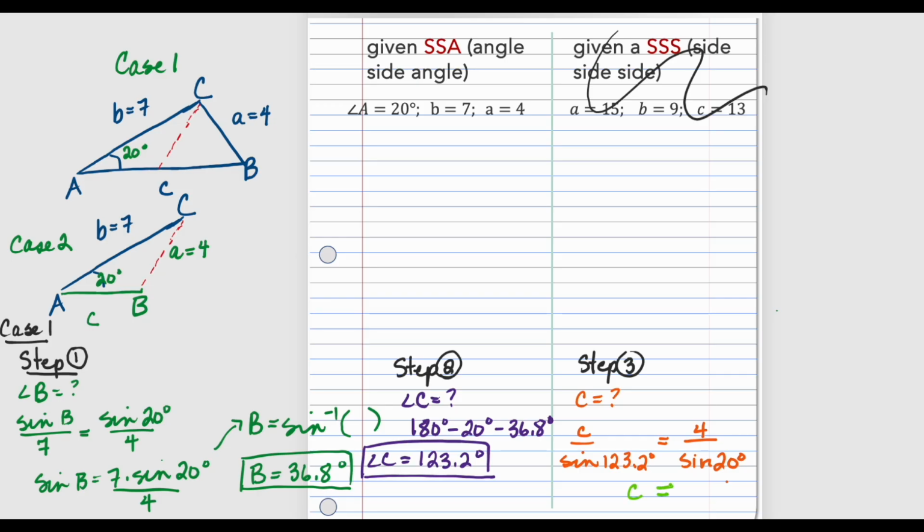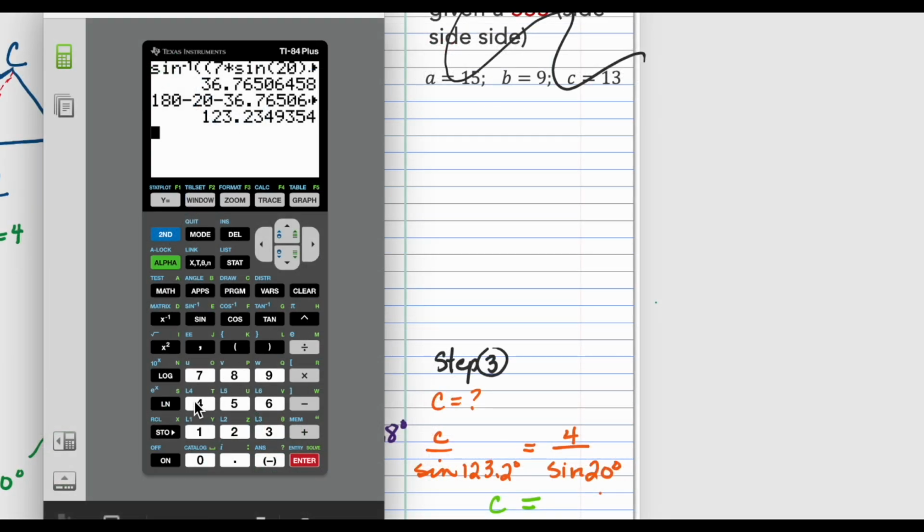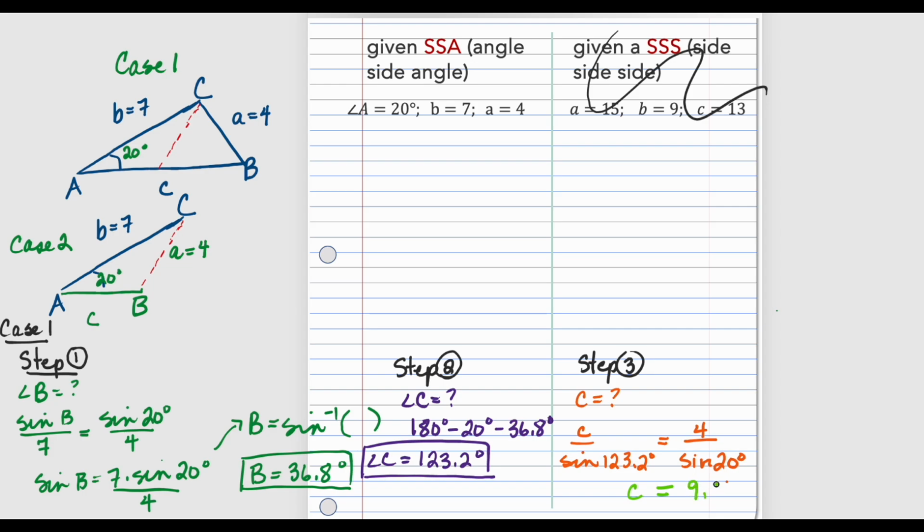C is going to be 4 times sine of 123.2 divided by sine of 20 degrees, and we get 9.8 to 1 decimal place. 9.8 for C.